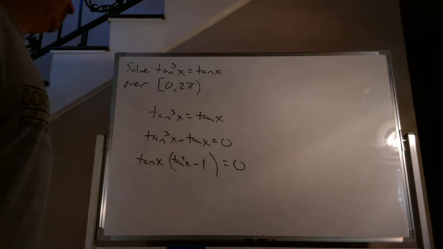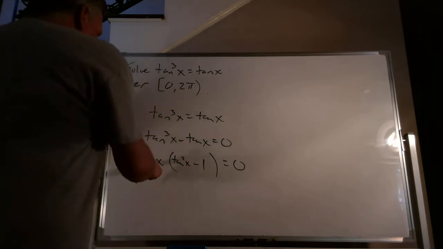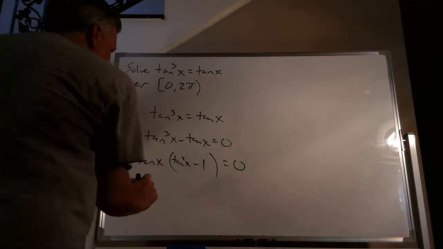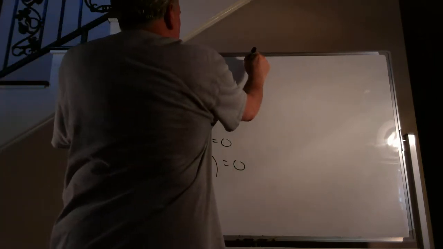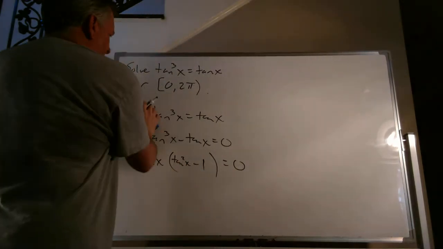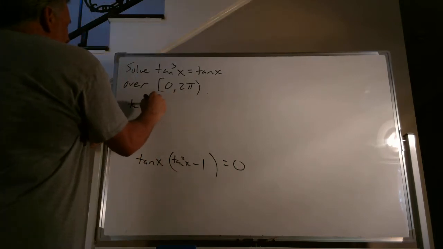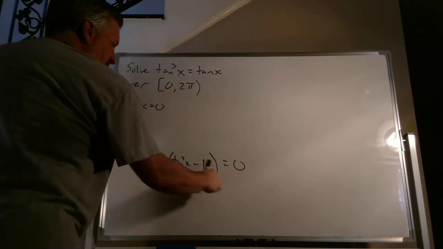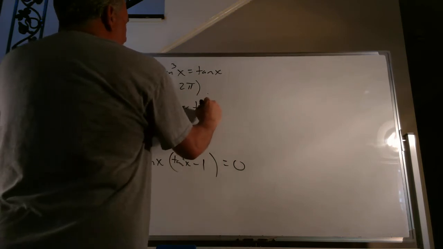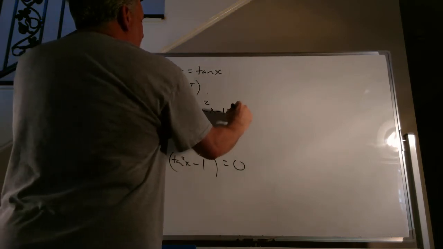We would have lost solutions if I had divided by tangent. So notice I have something times something is 0. So let me write it up here. So either tan x is 0, or tan squared x minus 1 is 0.